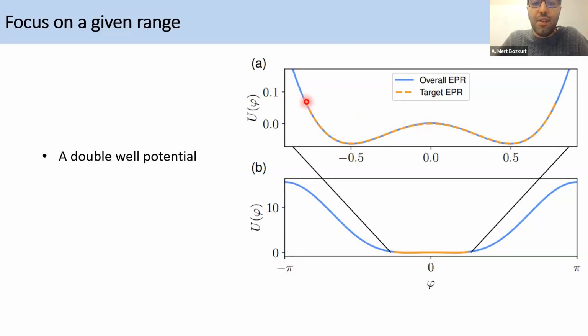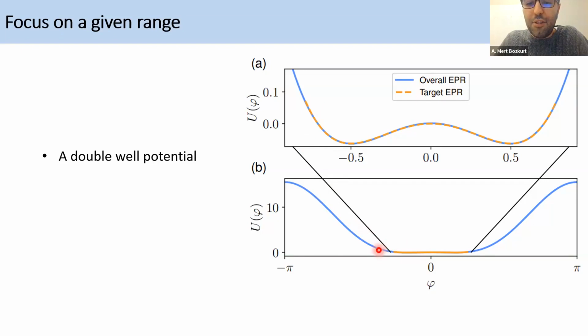For example, here with the yellow dashed line, I'm depicting the target energy phase relationship that I would like to have, which is defined up to these points in the phase space. You can see here, the blue is the overall EPR response of the tunnel junction array.